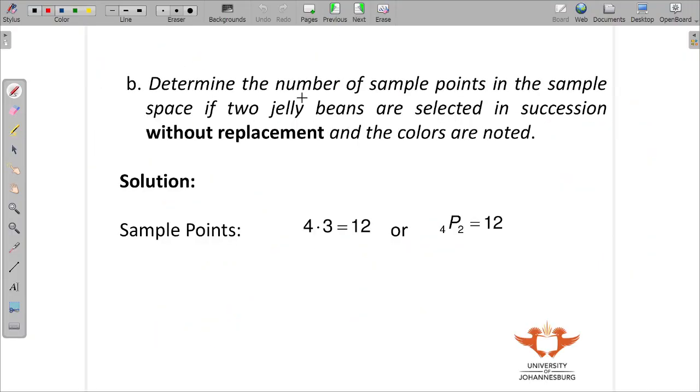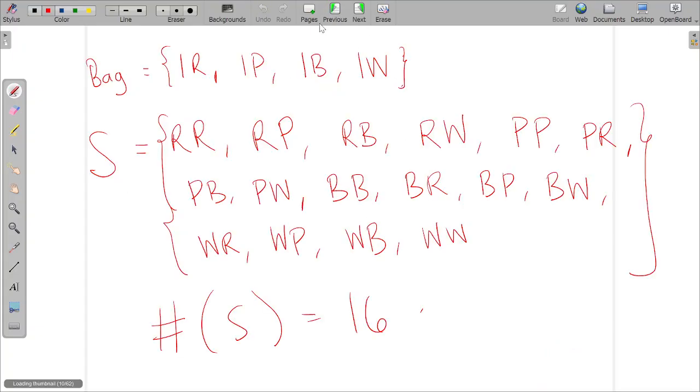All right, now we want to determine the number of sample points in the sample space if the two jelly beans are selected in succession without replacement. Let's go back to what we did before. Without replacement, we are not going to have this, because as soon as we take the red, it is gone.